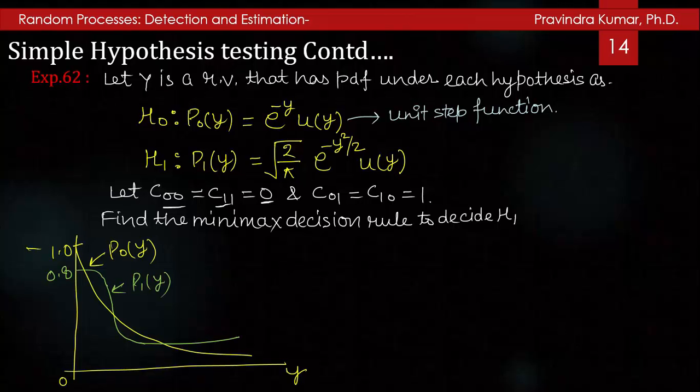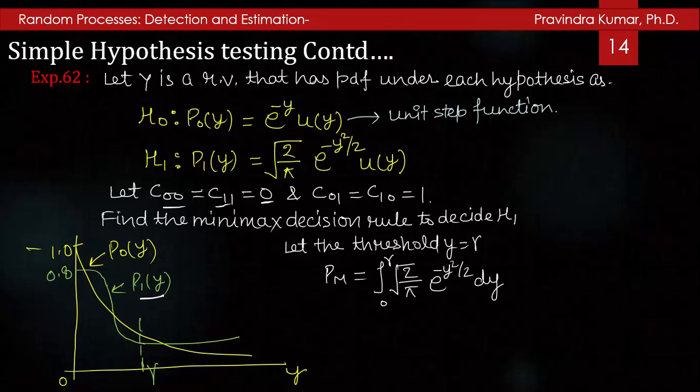So you can see here the graph: the yellow graph is for P0(y), and the green graph is for P1(y). Let there be a threshold gamma. If we have decided the threshold gamma, the probability of miss, which means we have decided H0 when H1 is true, will be the integration from 0 to gamma of square root of 2 by pi, e to the power minus y squared by 2 dy, the PDF under hypothesis H1.